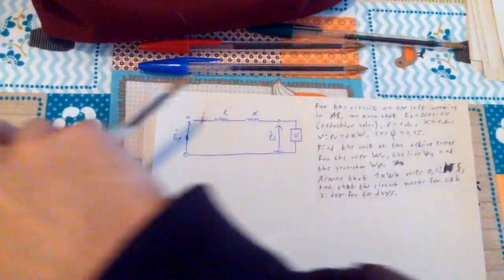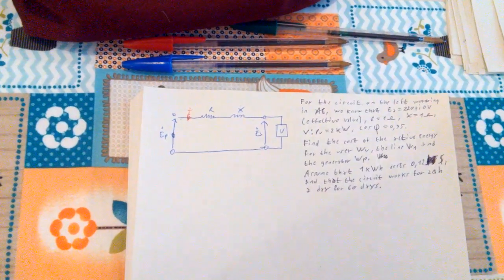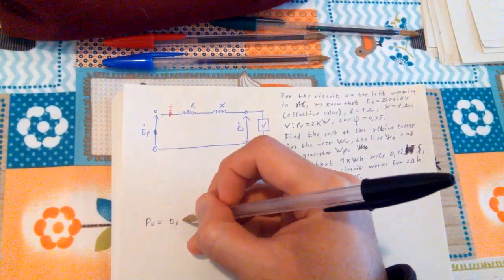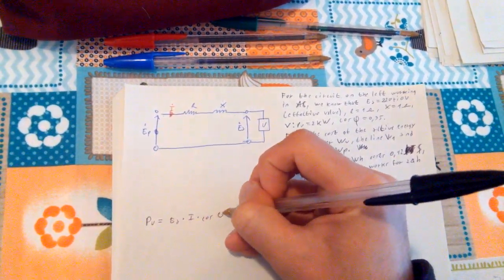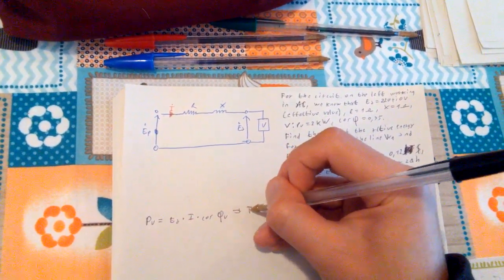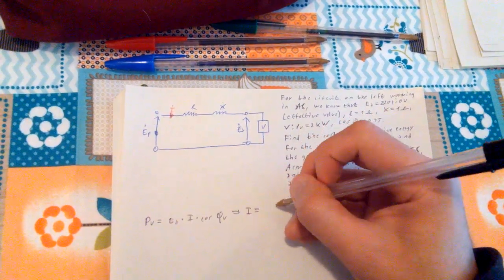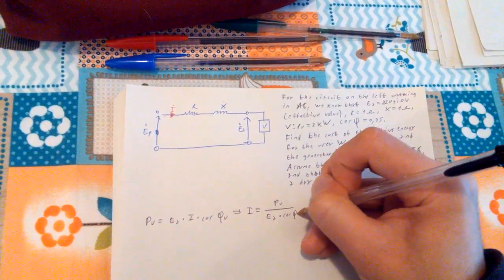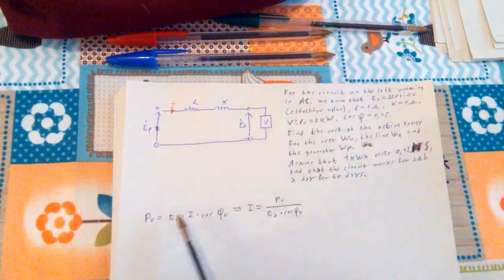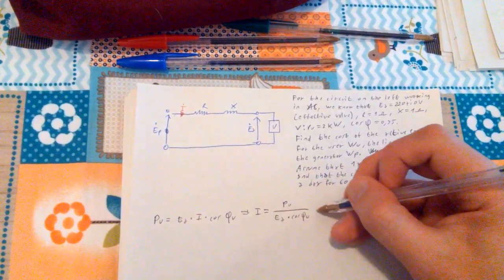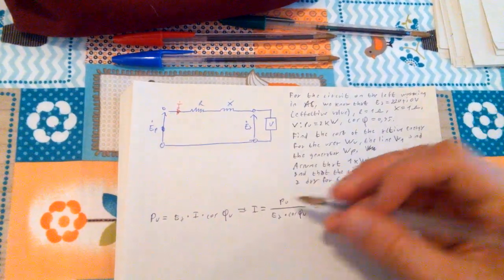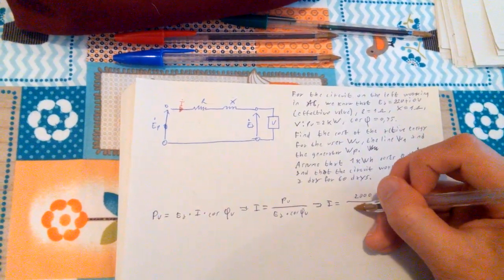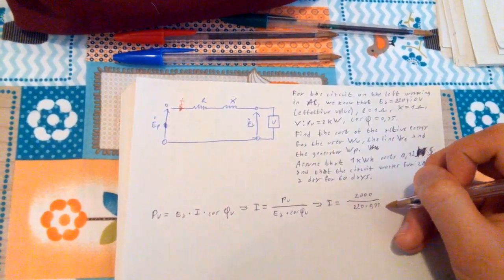So first thing first, let me get PU. So PU will be EA times I times cos phi U. So I is actually PU over EA times cos phi U, which is what we're interested in, I. So we can find I. Therefore, I, since we know all those things, is just 2000 over 220 times 0.95.